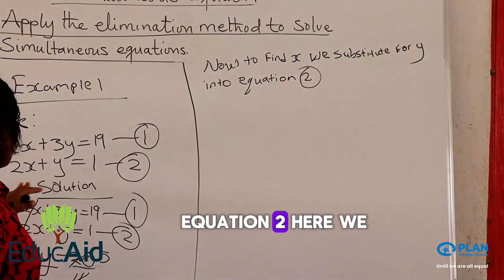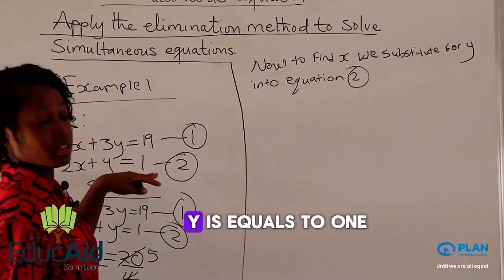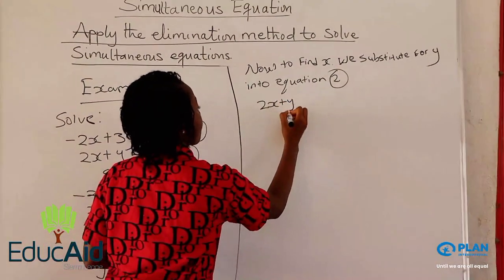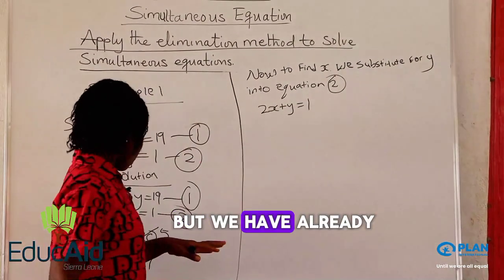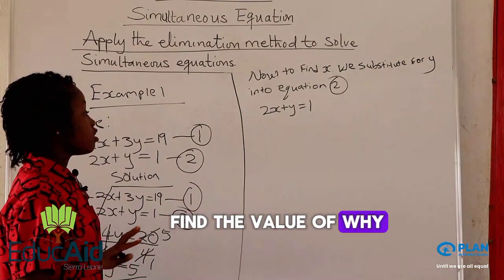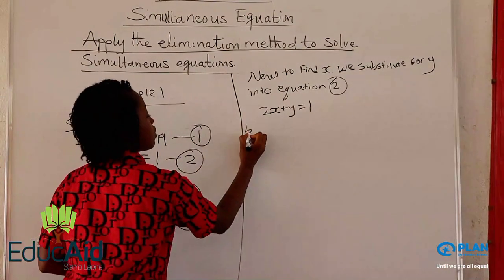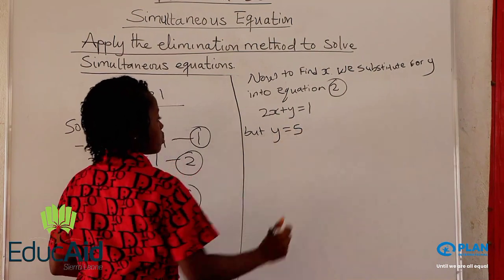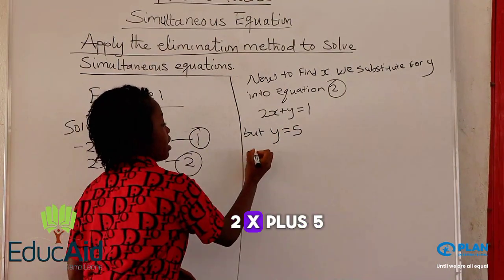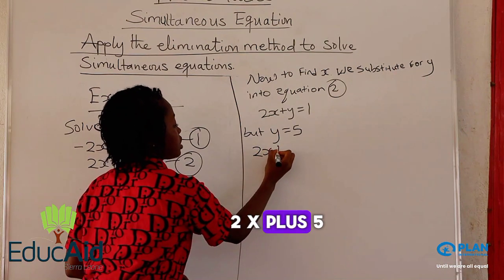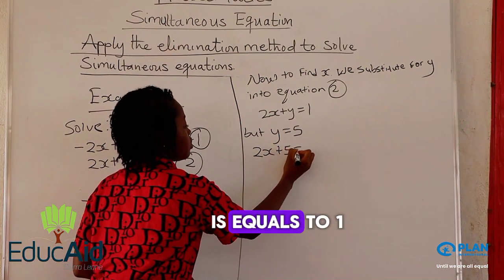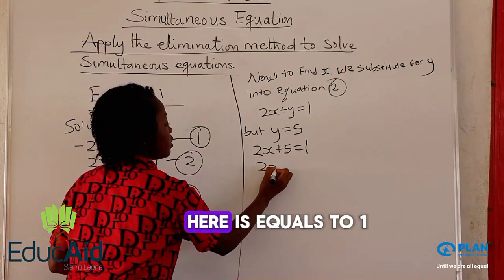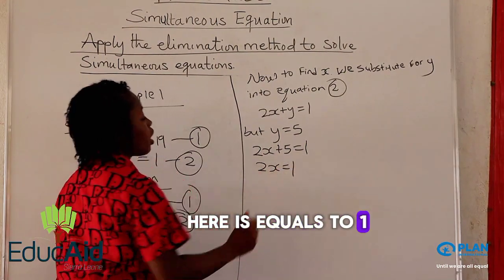So equation 2 here, we have 2x plus y is equals to 1. But we have already found the value of y. So now we say, but y is equals to 5. So now we say 2x plus 5 is equals to 1. We have 2x here is equals to 1.